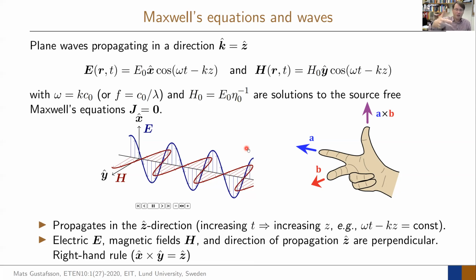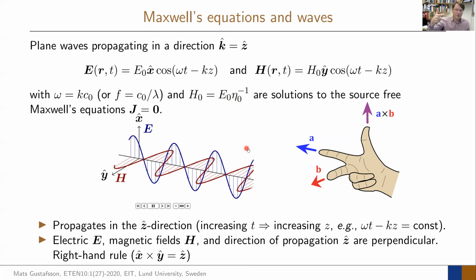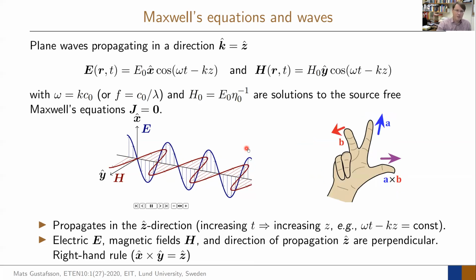So if you take the one that you can see in the picture there, you put this finger in the A direction, you put this in the B direction, then the cross product is perpendicular to both of them. And what's happening here now, if I take E cross H, then I should put this finger up because my E was there, my H is then towards me, and my thumb points to the right, which is what we have here, if I just turn this figure.